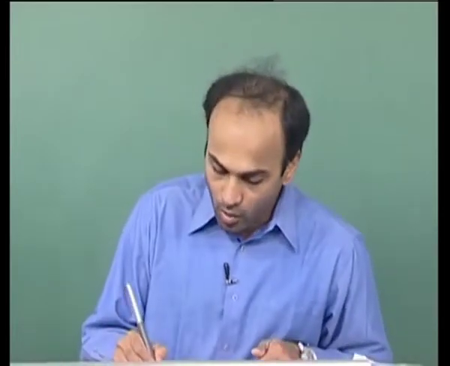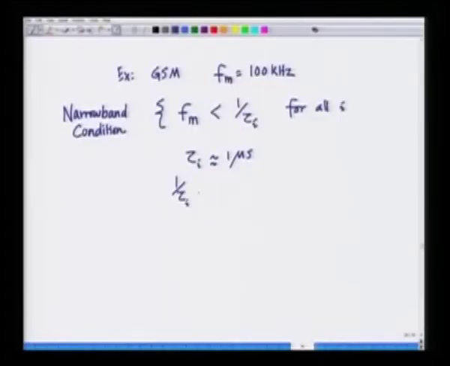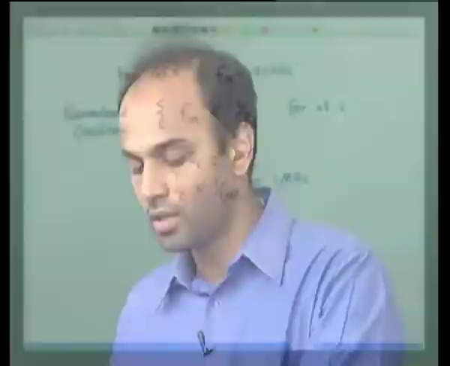So, 1 over tau I is 1 over 1 microsecond, which corresponds to 1 megahertz. Now, you can see for a GSM signal f m is 100 kilohertz, which is much smaller than 1 over tau I, which is 1 megahertz.